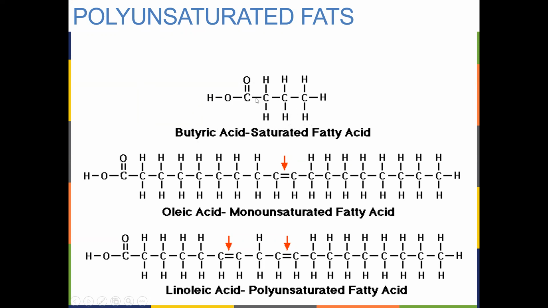This is butyric acid. Three carbons in the chain. There's the acid group at the end. It's a solid fat. You'll have these lined up, and because of van der Waals attraction and no kinking, it will be a solid fat. You find it in goat butter, believe it or not.